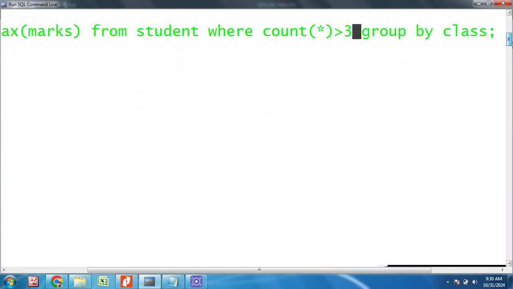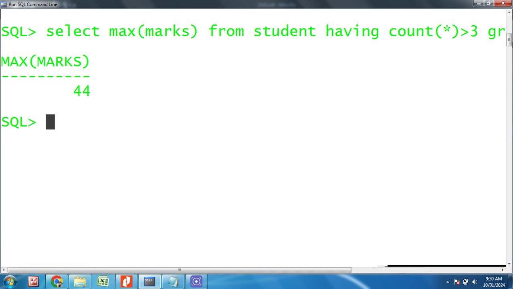So if I use having count star is greater than 3, group by class, our problem has been solved. This is our solution. This query will not give me an error.